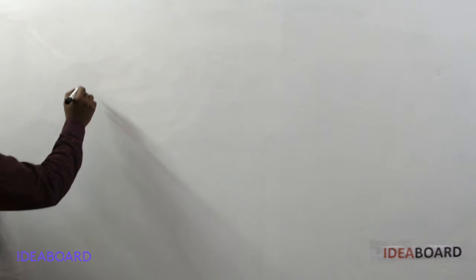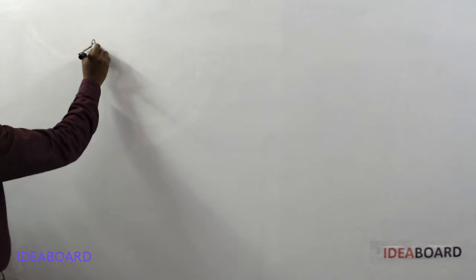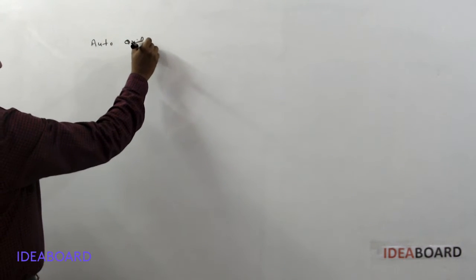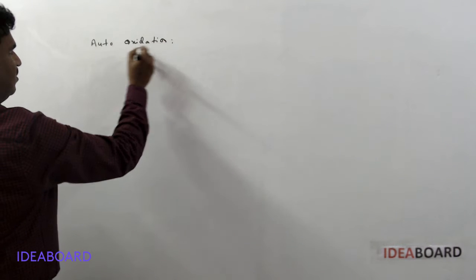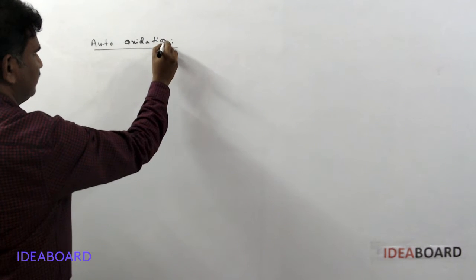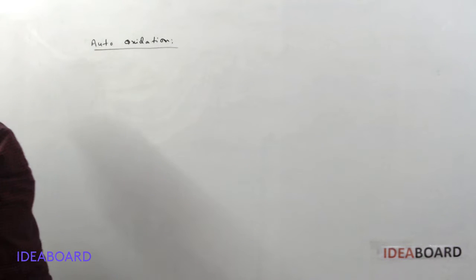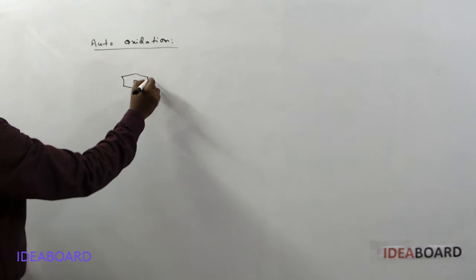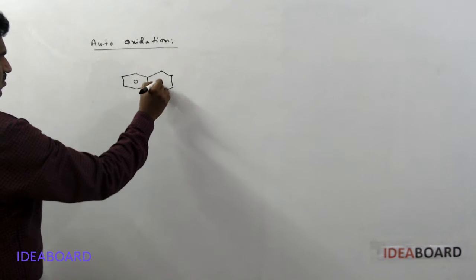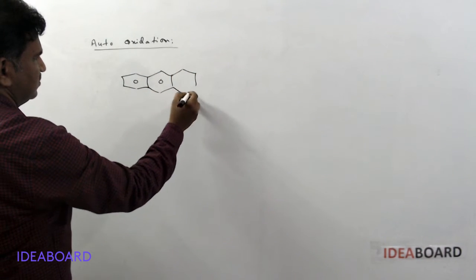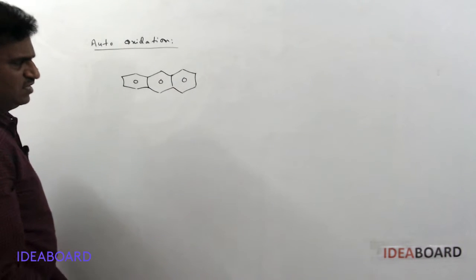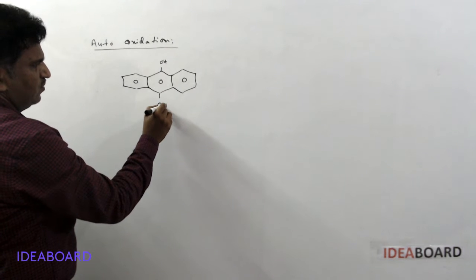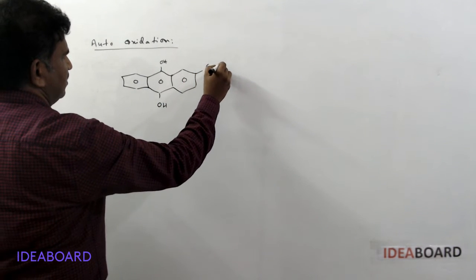Another important preparation method of hydrogen peroxide is auto-oxidation. In the auto-oxidation method, the reactant we are taking has three benzene rings, called anthracene, and here we have an OH group, here also an OH group, and this is an ethyl group.